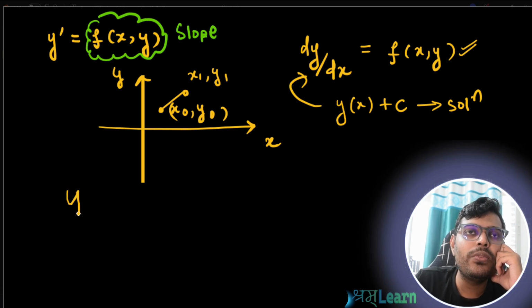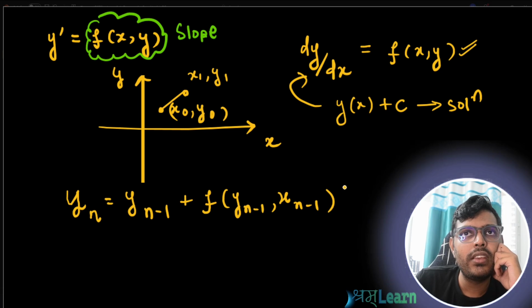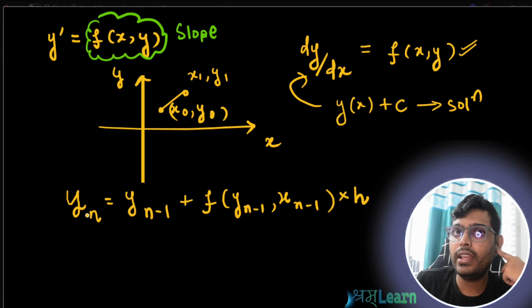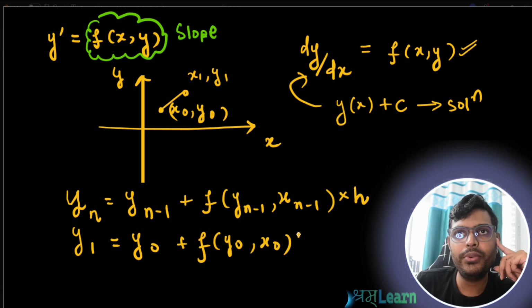In general form, y of n is equal to y of n minus 1 plus f of y of n minus 1 comma x of n minus 1 times the step size. This is y of n. So y of 1 is nothing but y of 0, because 1 minus 1 is 0, plus f of y0 x0 into h.